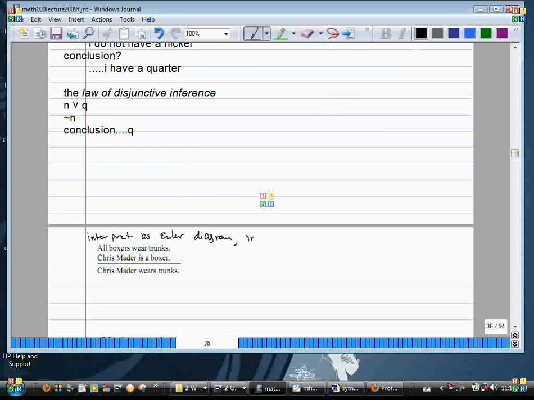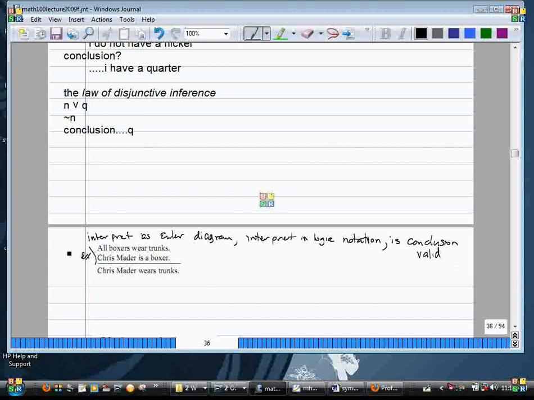There's an Euler diagram. Alright, so here's the first one.